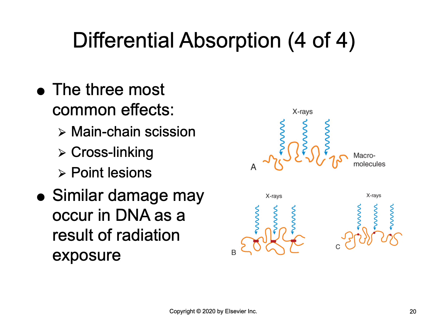The third one is point lesions, and these are the result of damage to a single chemical bond. Think of these as a wound to the macromolecule that may cause a malfunction of the macromolecule and damage to the cell overall. The most sensitive of molecules is the DNA.